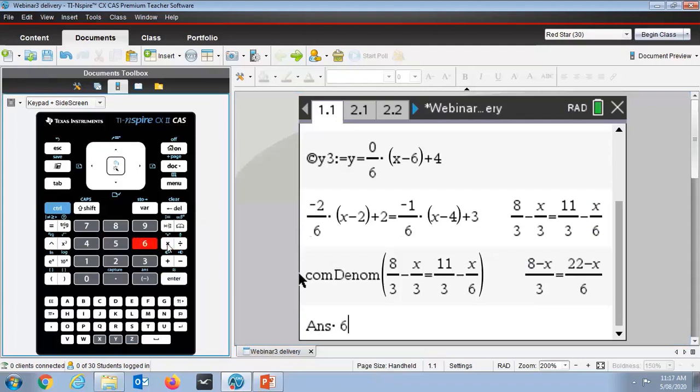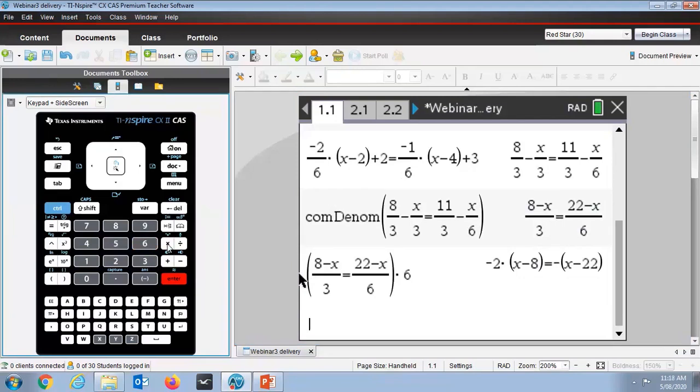That's the electronic version, the technology version of showing times 6 over 1 on the left side and times 6 over 1 on the right side. And when you do that, you can see Nspire has thrown brackets around that entire expression. And that's exactly what's happened. We have got rid of the fractions, which is what we wanted to do.